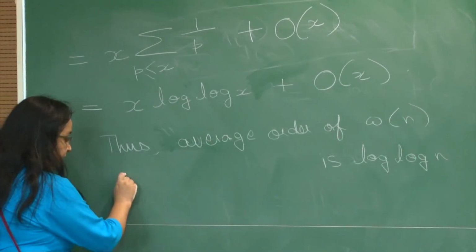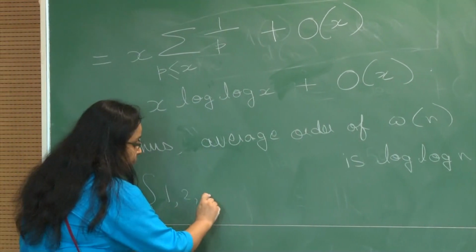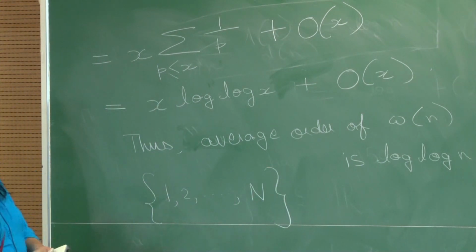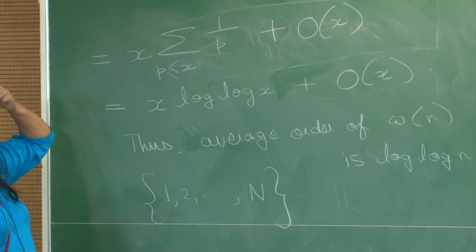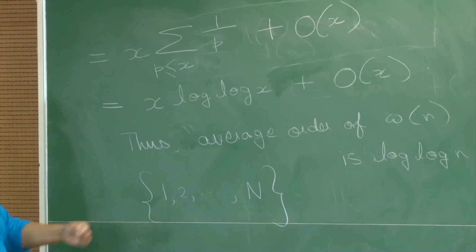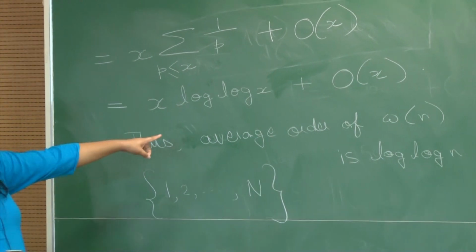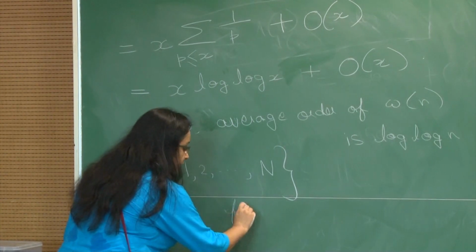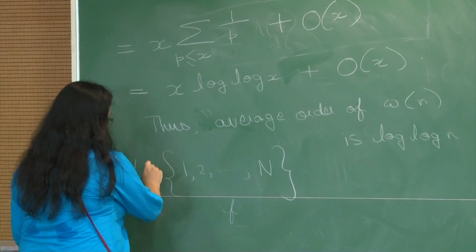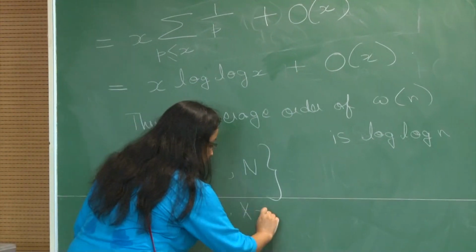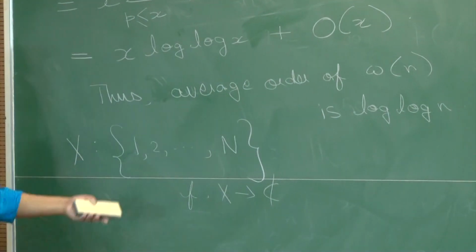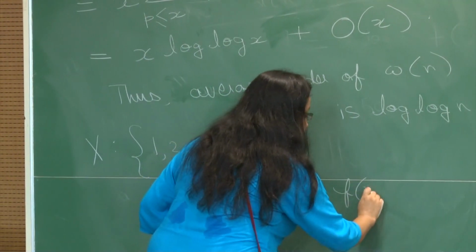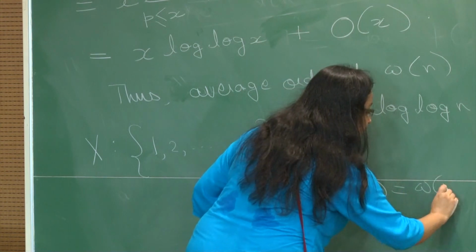Suppose, as mentioned before, you have the space of natural numbers up till capital N, which you are equipping with the uniform probability. What this is telling you is that the expectation, and suppose you define f, taking very specific values where f of n is just omega of n.